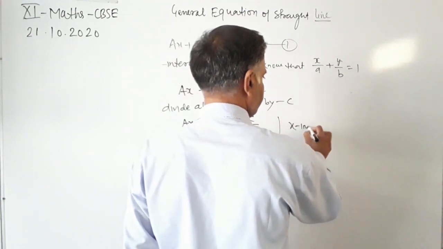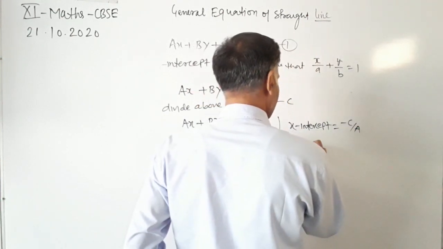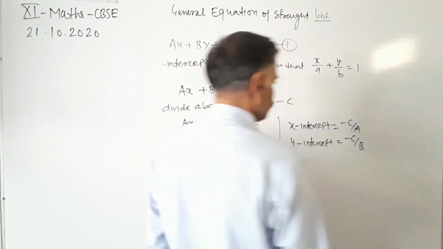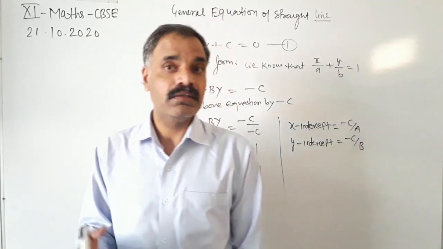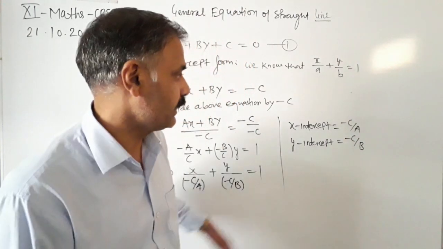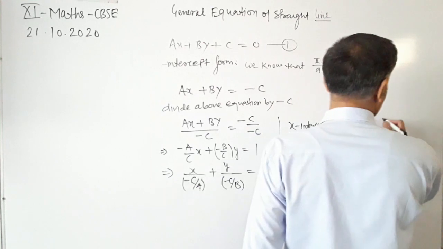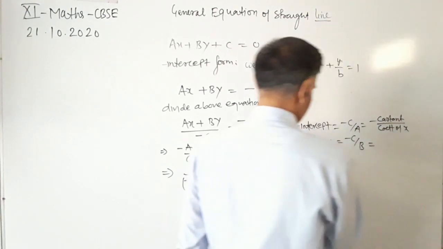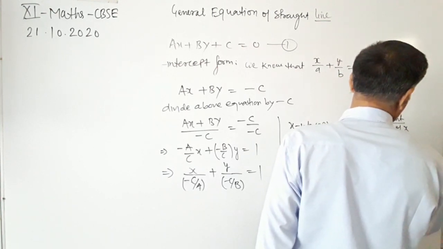So x-intercept equals minus c upon a, that is minus constant upon coefficient of x, and y-intercept equals minus c upon b, that is minus constant upon coefficient of y.